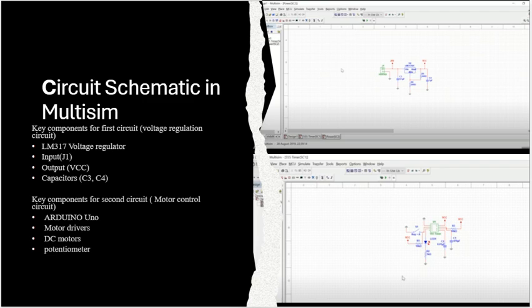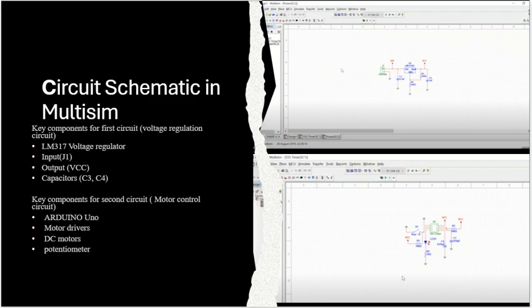The key component of the voltage regulation circuit is the LM317 voltage regulator, U2. The reason we use that is it provides a desired output voltage by adjusting the resistor network. The LM317 regulates the voltage down to the appropriate level for the motors and the microcontroller.